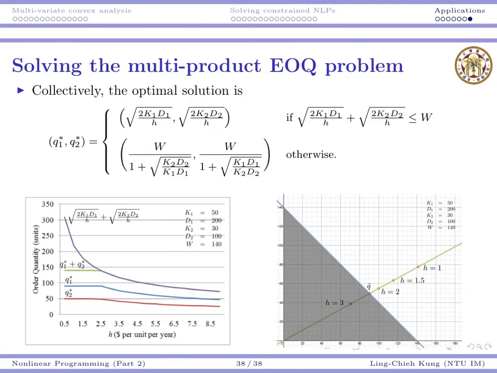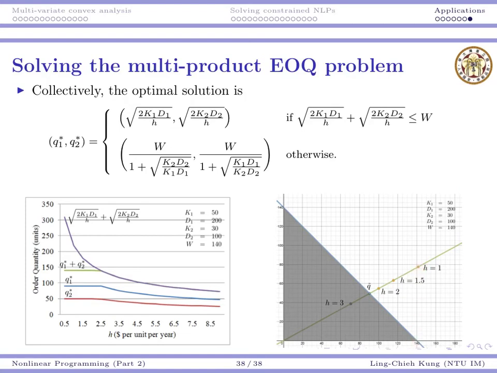This is our feasible region, right? For different h, we may have different values for the unconstrained optimal solution. Let's assume we are using these parameters, and for example, when h is 1, we get this point.